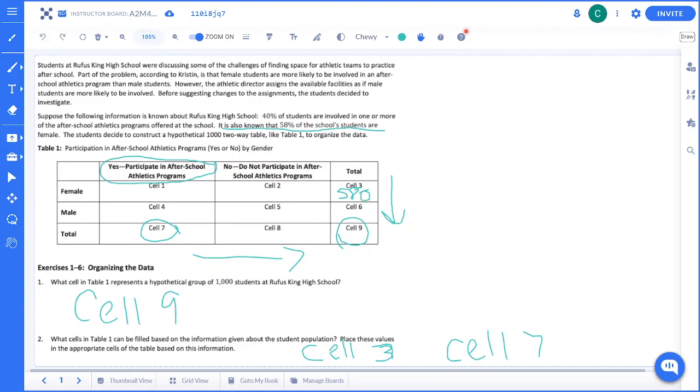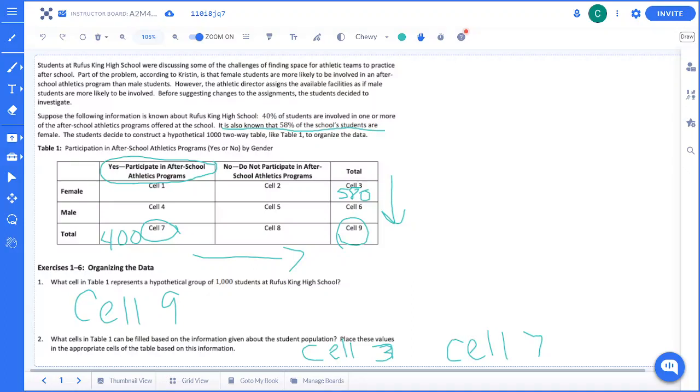So we're going to put, what was it, 40%? So that was going to be 400. Now, I'm going to copy and paste that as we're going to be using that to answer questions on the next page as well.